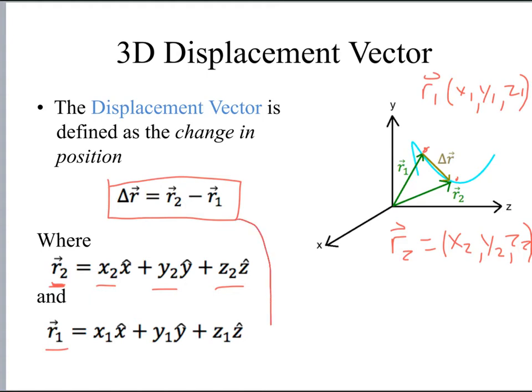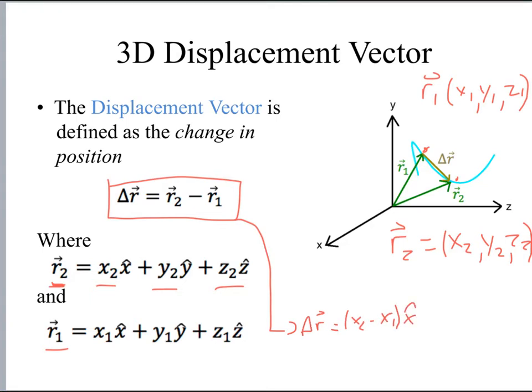Now, if I take this delta r, that's going to be the vector subtraction, and so I would just subtract these 2 vectors here. How do you do that? Remember, you group the like terms. So I've got my x hat terms together, and r2 minus r1 is going to be x2 minus x1 times x hat. That will be the first term for delta r. We can say that the delta r vector is going to be x2 minus x1 in the x hat direction.